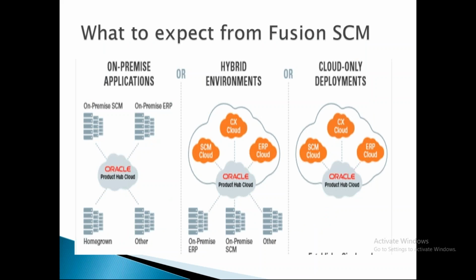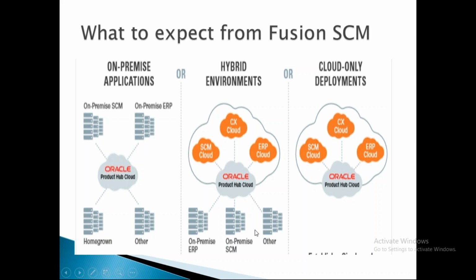So here, what to expect from your Fusion SCM or Fusion Cloud, in other words. Okay, so here we can have your applications being on-premise. You can see it in this particular picture. Where you used on-premise for handling the applications, and cloud is another model, so you want to have the entire applications on the cloud.